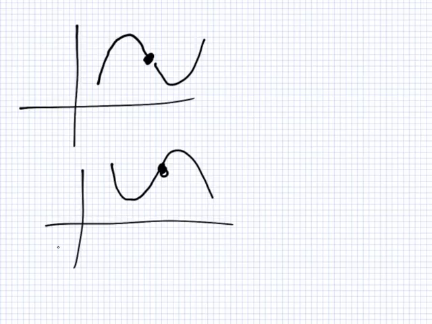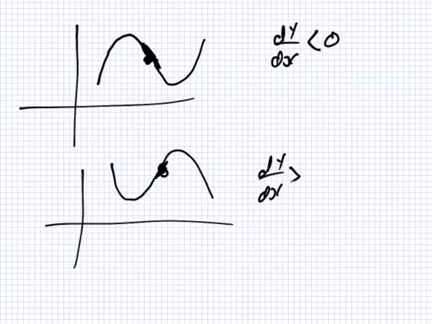This here, if I draw the tangent, is it increasing or decreasing? Decreasing. So if it's this, I need negative here, and here I would need positive. Also, this is concave, this is convex.